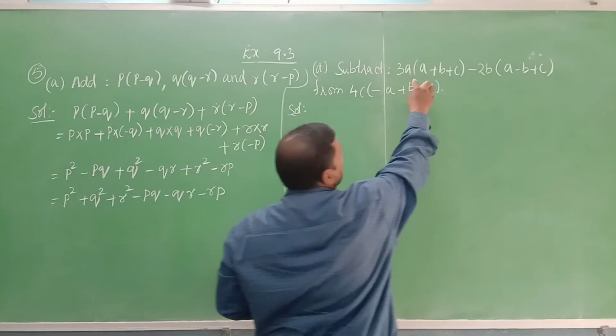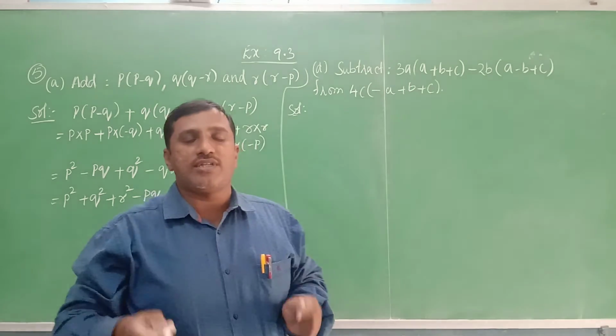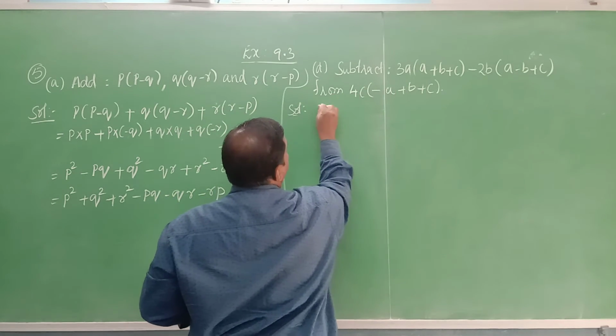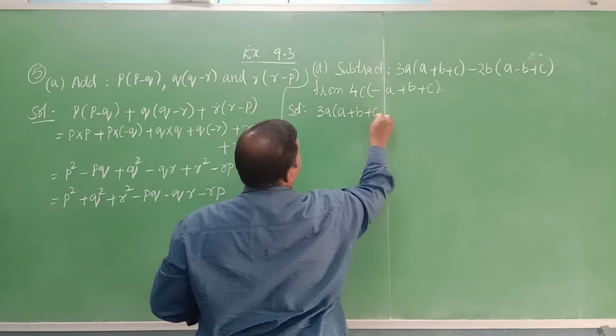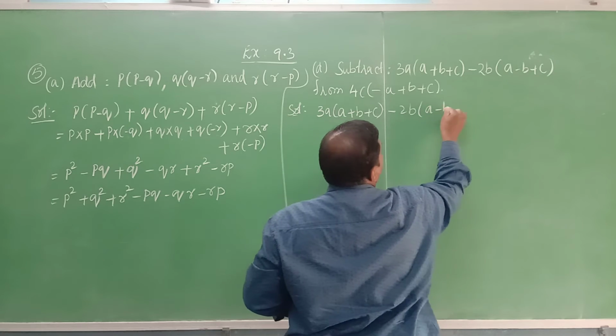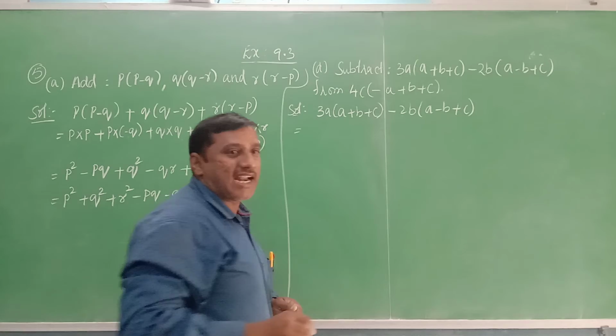First you simplify this whole expression and this expression, then you subtract. So first step is simplify that expression, that is 3a into whole a plus b plus c minus 2b into a minus b plus c, that is a monomial by a trinomial.